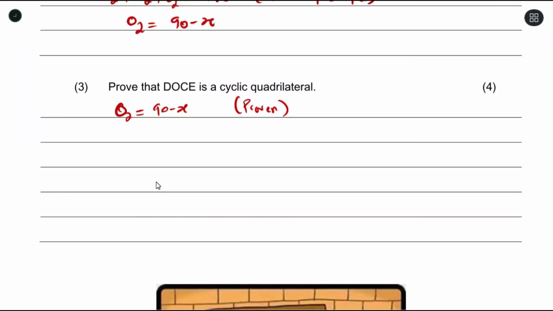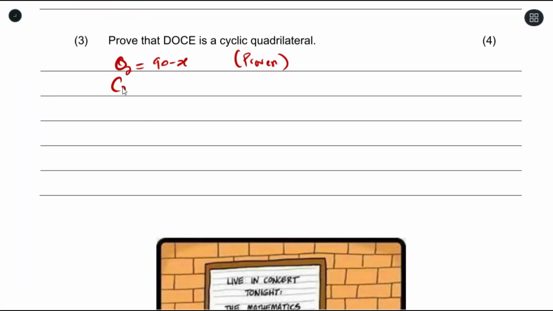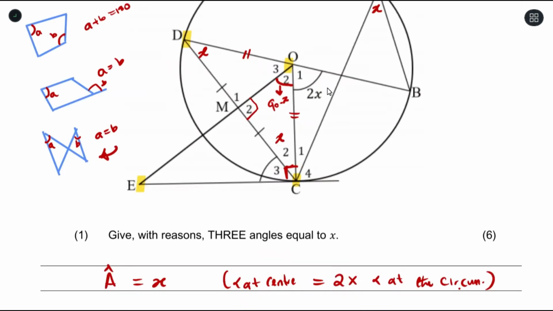So the next thing that we do know is C2 plus C3 is equal to 90, and the reason is tangent is perpendicular to radius. Okay, now the reason why I got these two angles is because I was looking at EOC, and if I'm able to get O2 and I'm able to get this angle of C here, I could use the interior angles of a triangle, which adds up to 180, to help me figure out what E is, right?